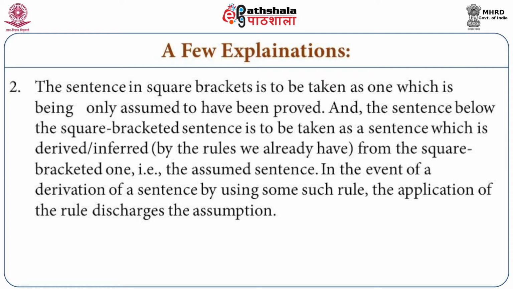Then given A or B, we can infer C. Now what is happening here is that these brackets are a marker to tell us that whatever is within the bracket is just a supposition, not true. But in the inference, we are eliminating our assumptions. So in none of the conclusions that we have arrived at will we see square brackets.